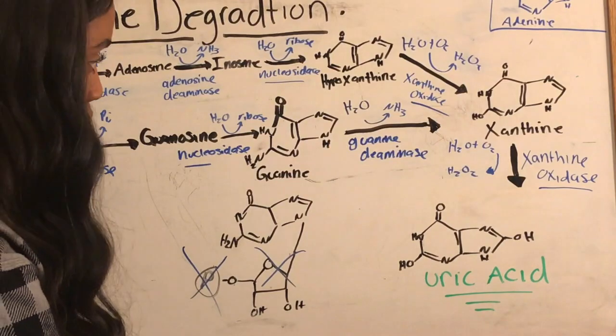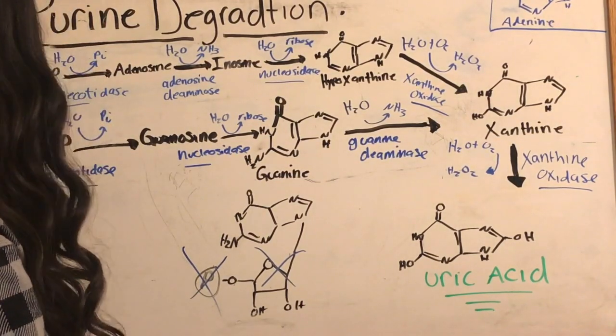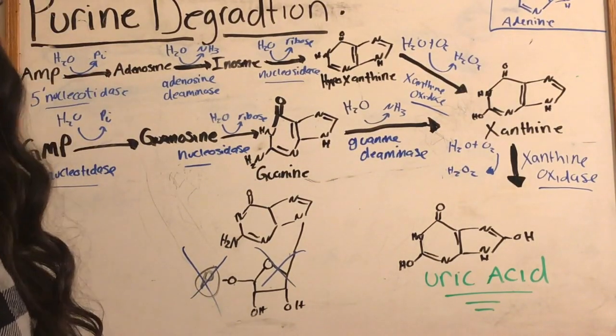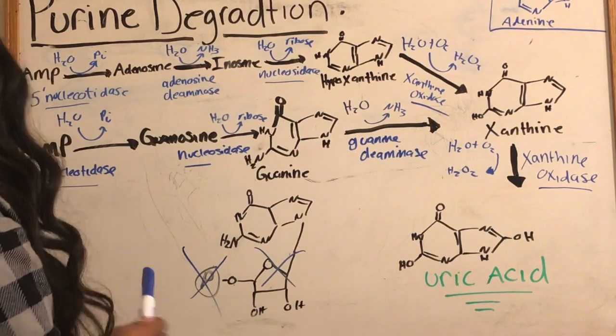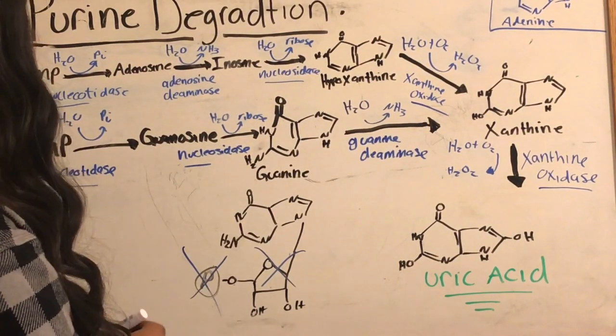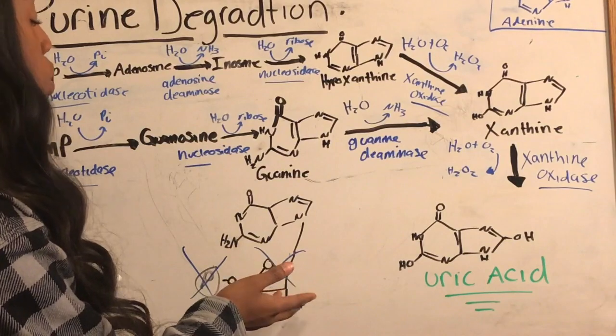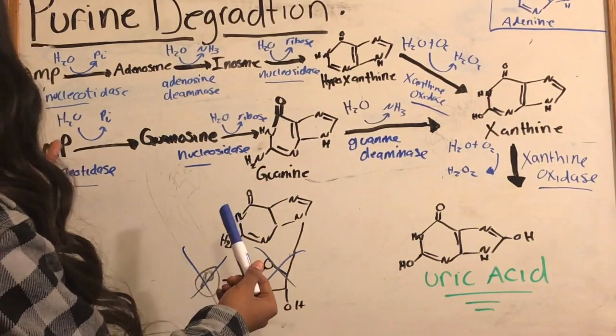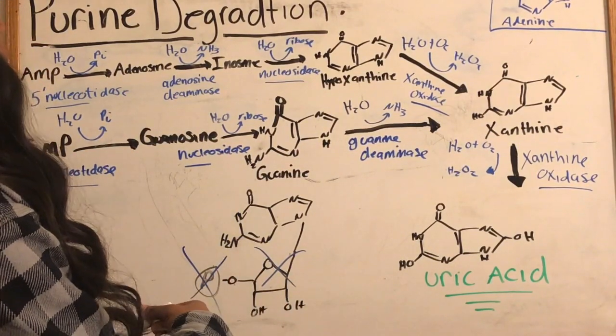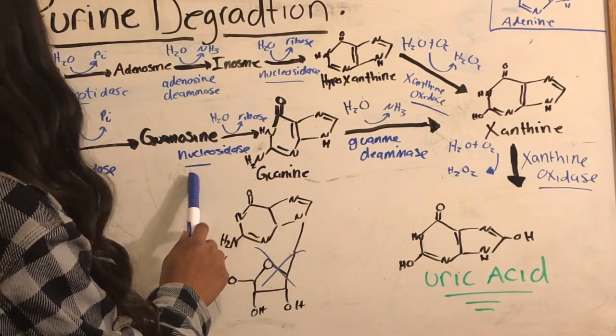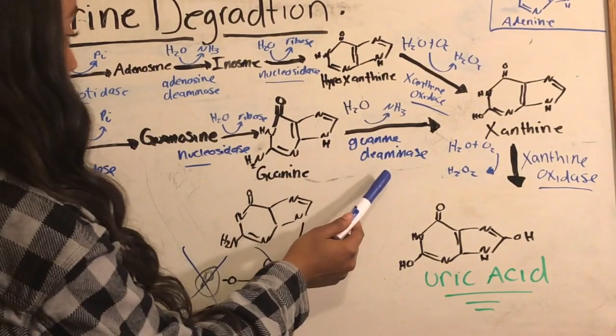So for the overall pathway for degrading purines, we have the same enzymes depending on the nucleotide that you start with. If you start with GMP, you remove the sugar first using nucleosidase and then deaminate.